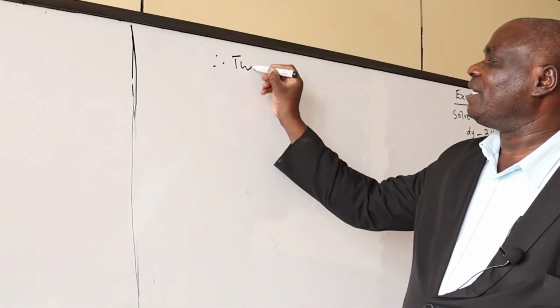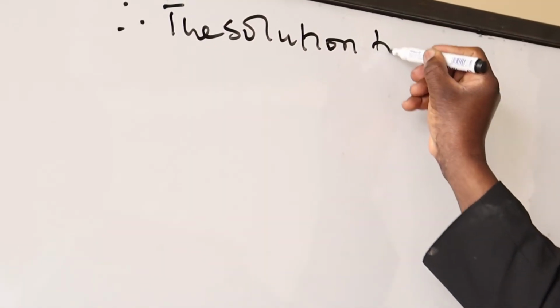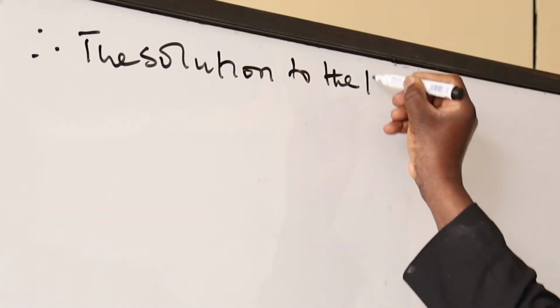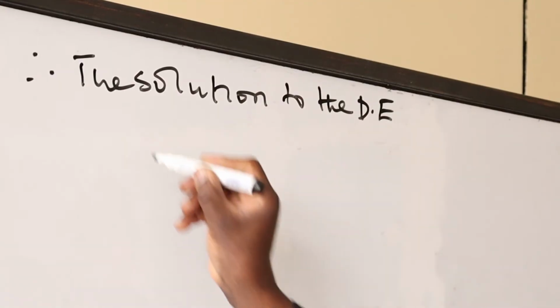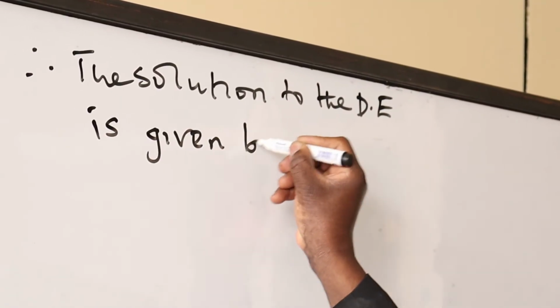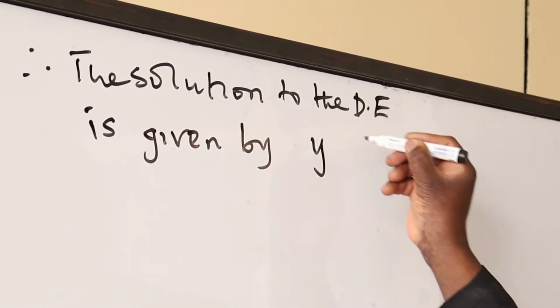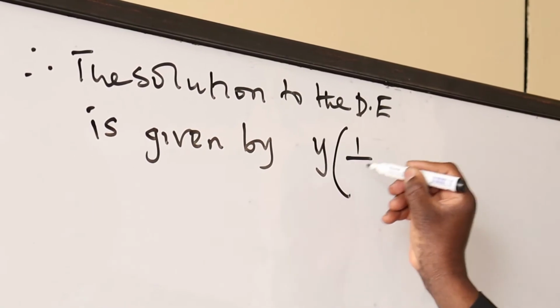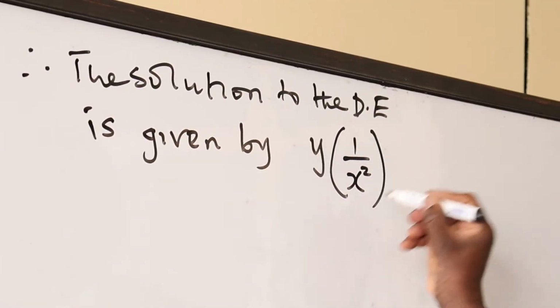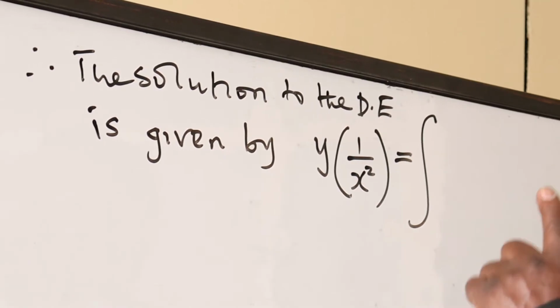So the solution to the DE is given by y now multiplying the integrating factor 1 all over x squared, which would be equal to the integral of q.